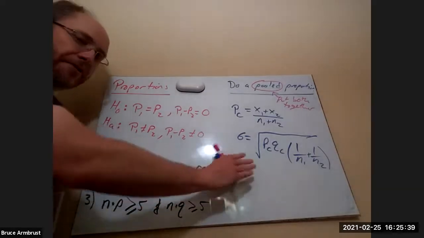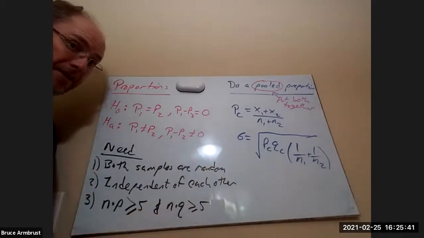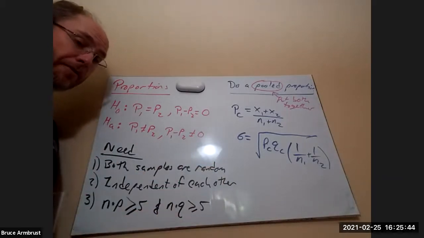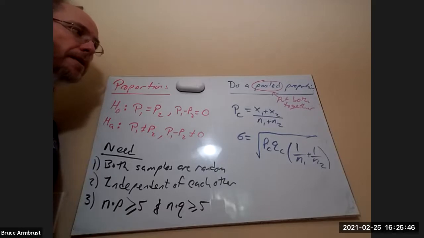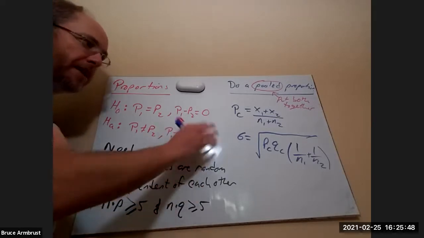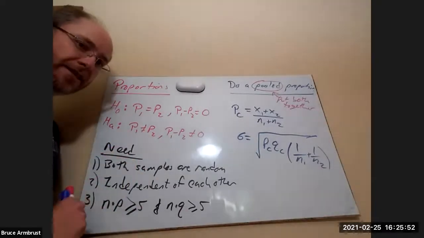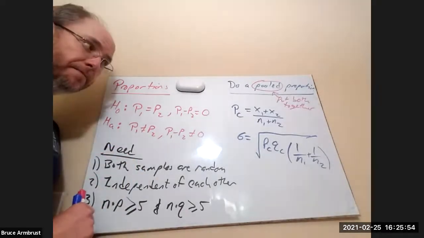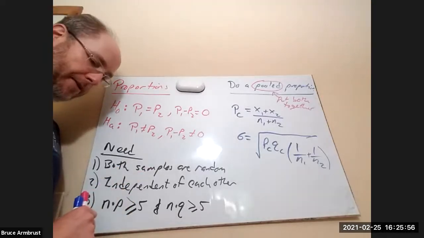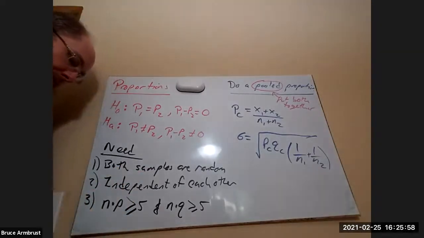So again, I'm showing you this just so you can see it. You can see how it's different than before and how it's similar to what we did before. But you're never going to have to use this formula, ever. Your technology is going to take care of it for you, so you don't actually have to worry about it.